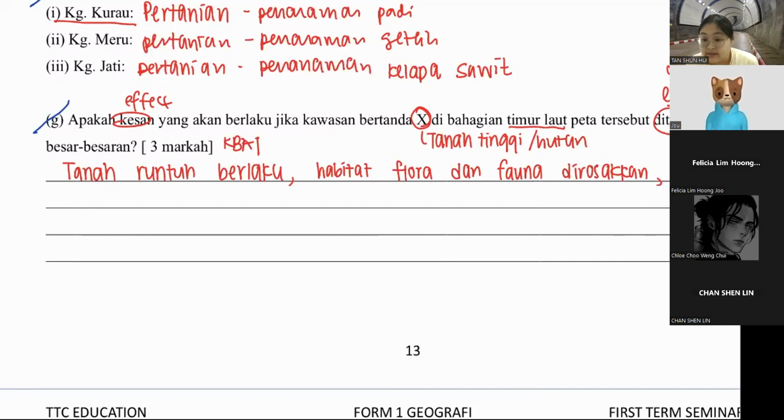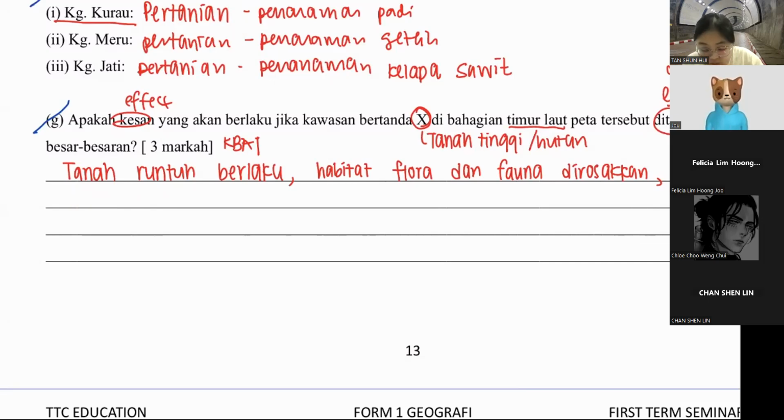Now, any other thing that can arise? Yes. All right. No plants, no animals, no ecosystem. Or you can say what? Tanah runtuh, no plants. No plants then? Suhu tidak memberi oxygen. Okay.